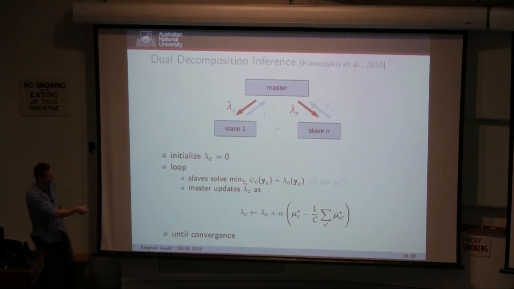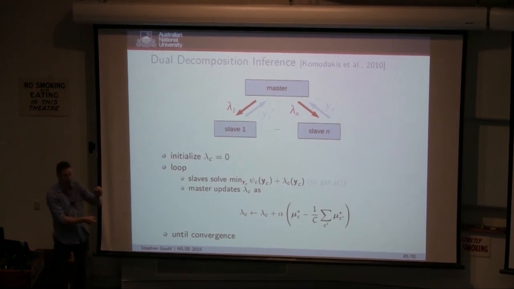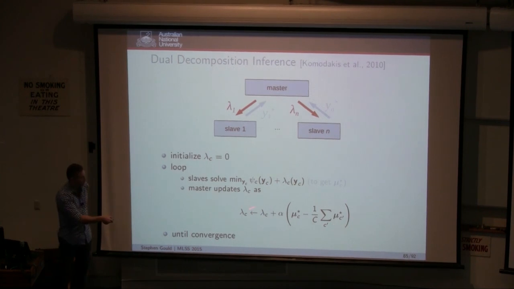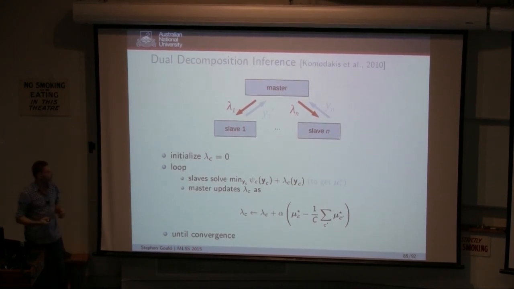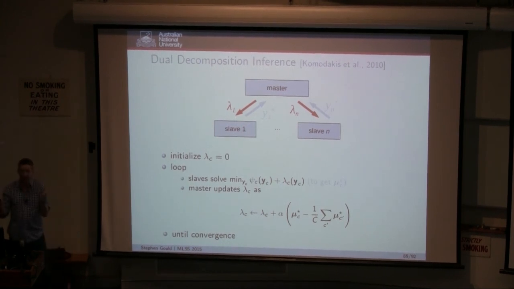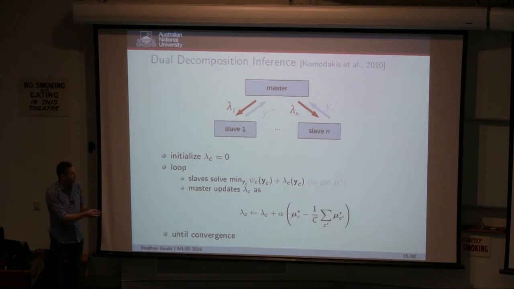It gets the optimal assignment to the y's, which is the same as the optimal indicator vector. And then the master updates the dual variables by this very simple expression, where it takes all of the messages from the slaves, all of the solutions coming from the slaves, and combines them together in a way that tries to get the slaves to agree.